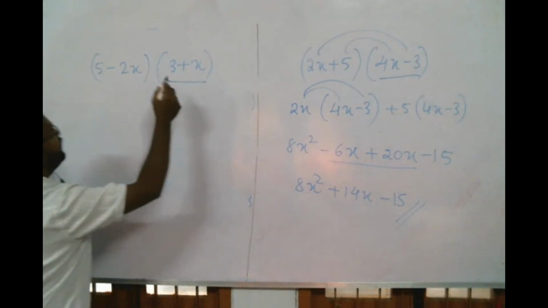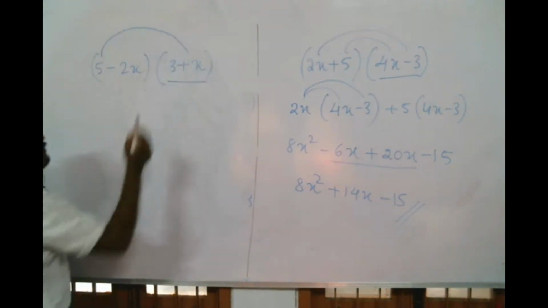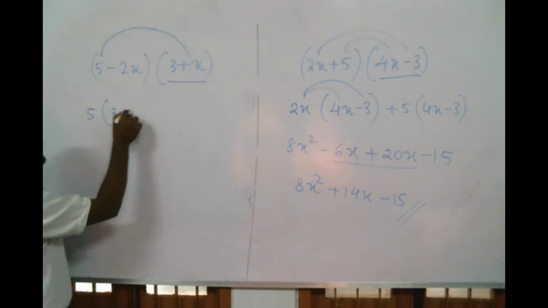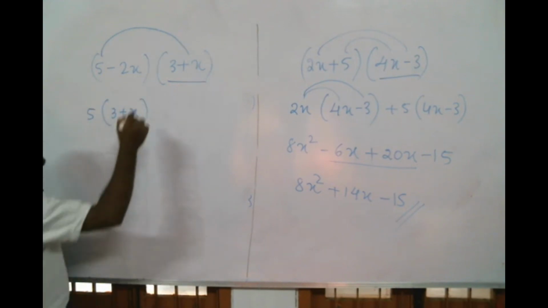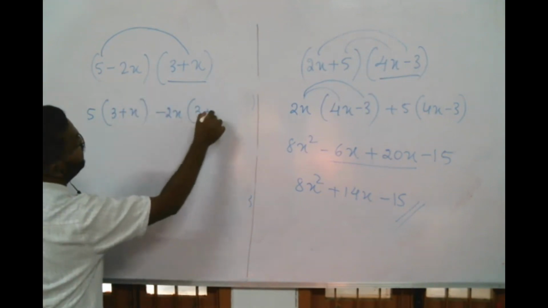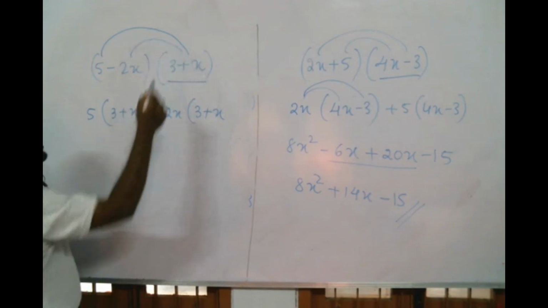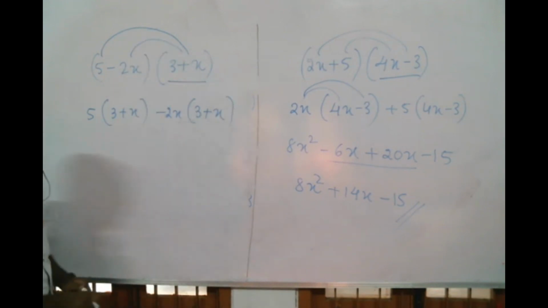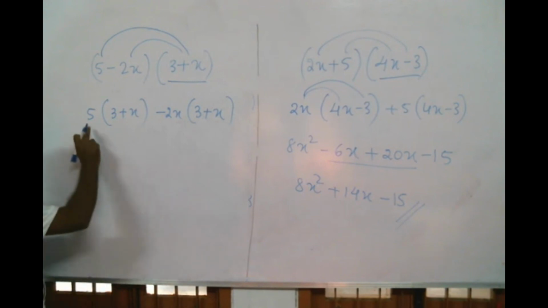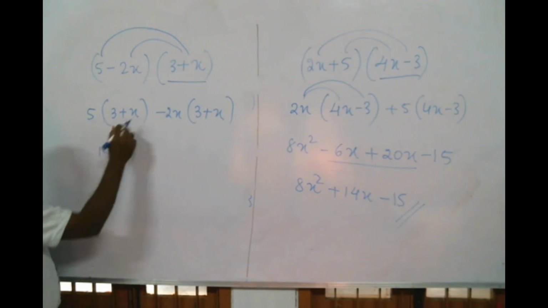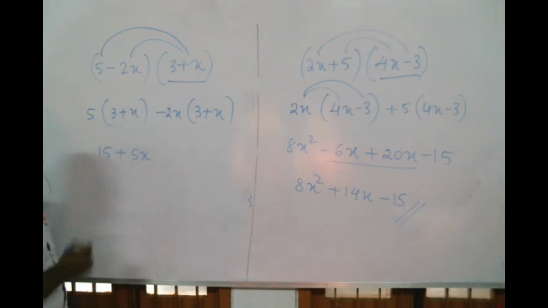So take this 5 as one term. 5 we have to multiply with 3 plus x, that is 5 multiplied by 3 plus x. And this minus 2x also we have to multiply with 3 plus x. So now you see here, 5 into 3 will get 15 plus 5 into x will get 5x.